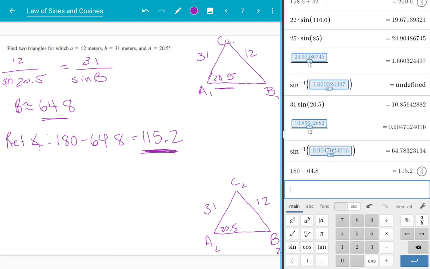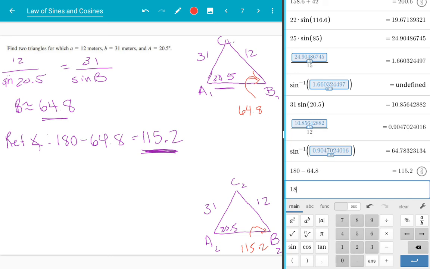So now, this angle B in the original, so this one here, is 64.8. In the second one, this angle is 115.2 because both of these angles can satisfy one of the two triangles, okay? So now let's find a third angle in each, okay?